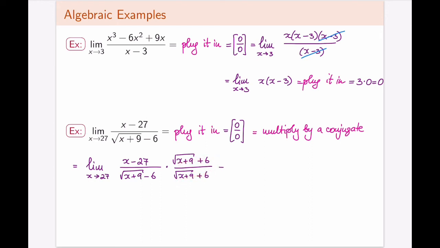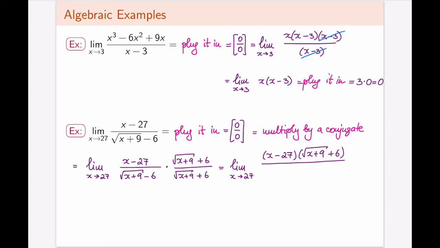Now, this will allow me to expand the brackets on top and on the bottom. And the reason that this works is because what I end up with on the bottom is the difference of squares formula. So I'm going to skip a step here in the simplifications because once again, I encourage you to actually do them yourself by hand, and this is a very specific pre-calculus skill.